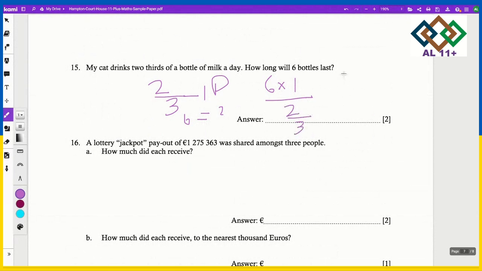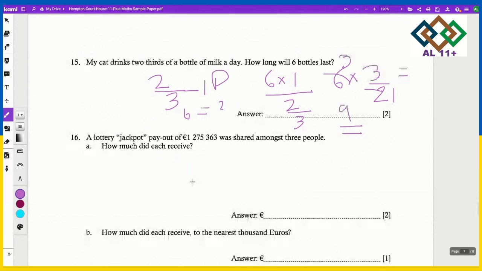And when you do it the other way, it changes because crisscross is 2 over this. And then we can simplify that. 3 multiplied by 3 is 9. So your answer for this one is 9.